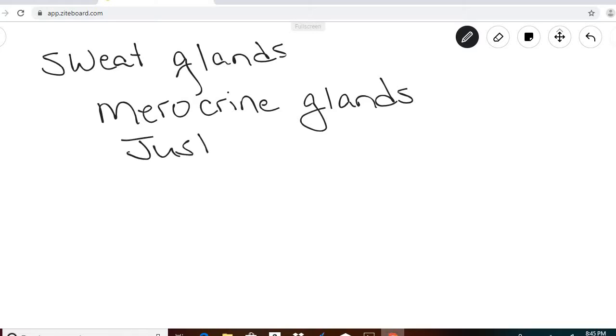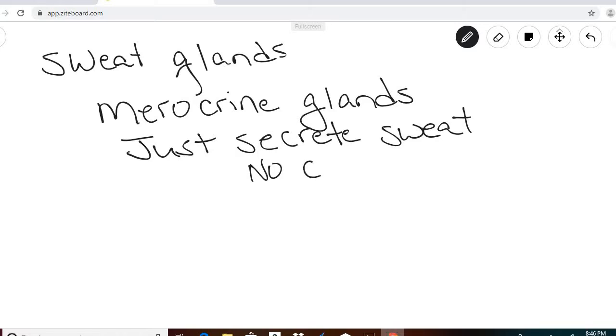There are no cell parts in the sweat that is secreted. Remember, some types of glands secrete either a part of the cell or an entire cell.